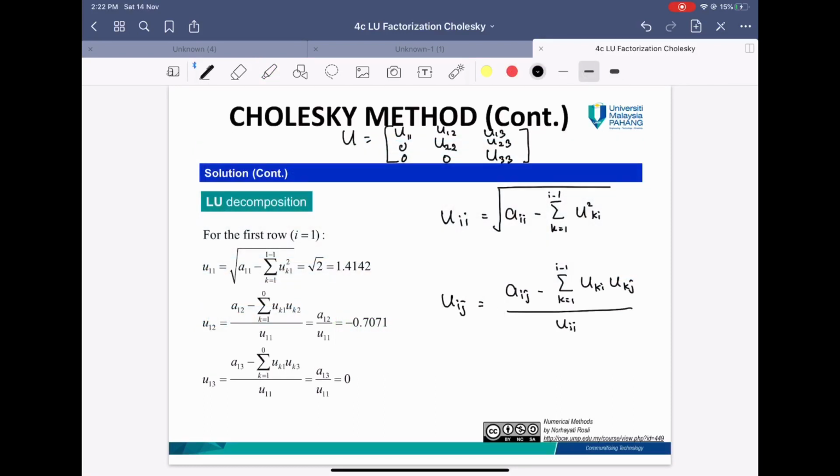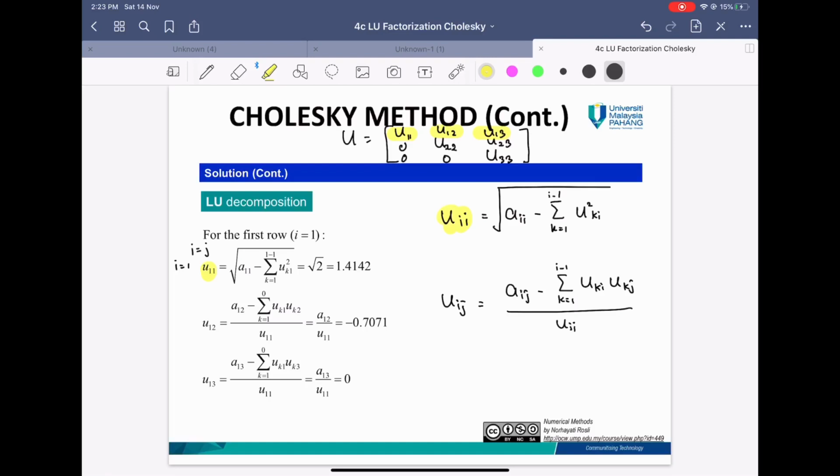Now we want to find all the elements in matrix U. For the first row, we want to find U11, U12, and U13. For i equal to j, where our i is equal to 1, for U11 we have to use this formula.